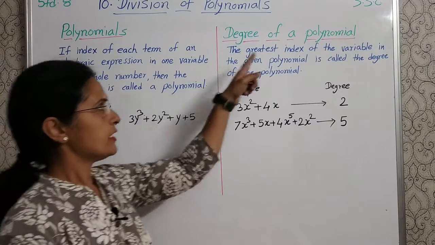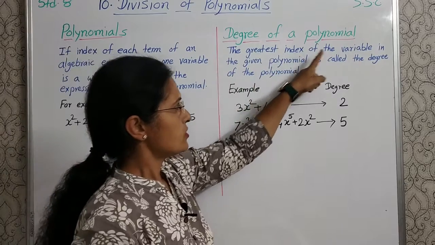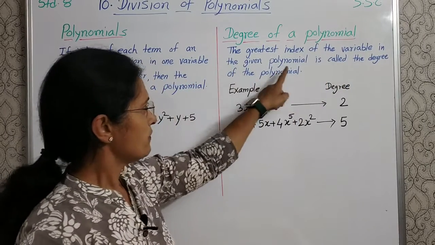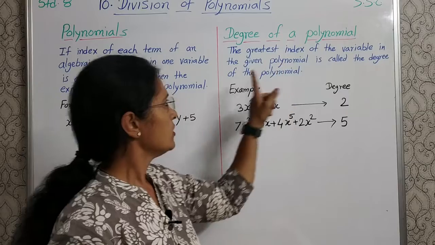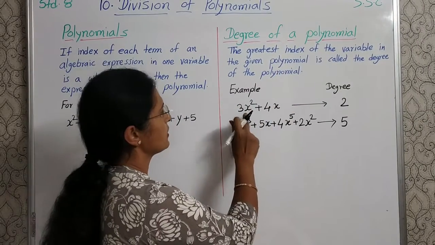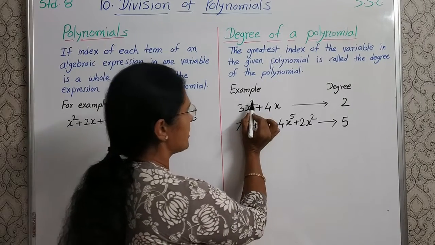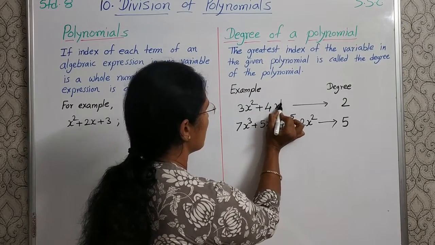Now what is the degree of the polynomial? The greatest index of the variable in the given polynomial is called the degree of that polynomial. See here the example, 3x square plus 4x. Now see the index, here 2 and here 1.